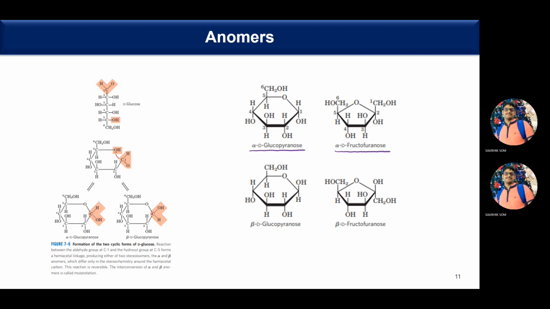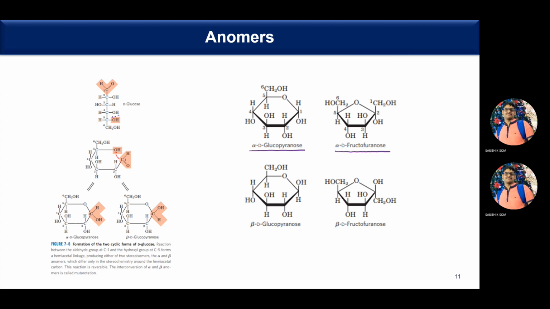Correct? Now how it happens, as you can see very clearly in this image, there's this OH here and this OH here. There are extra electrons on this particular O. So this is a polar bond, right? On OH there will be two electrons.